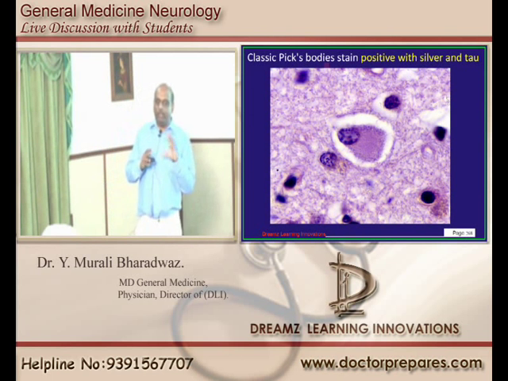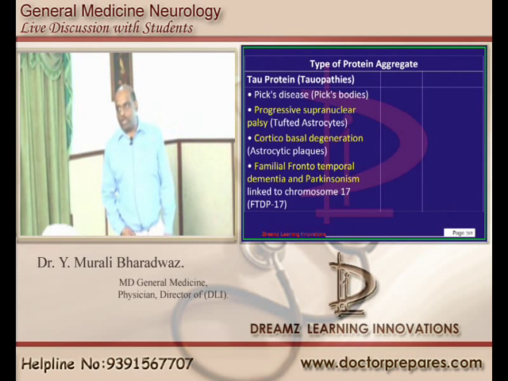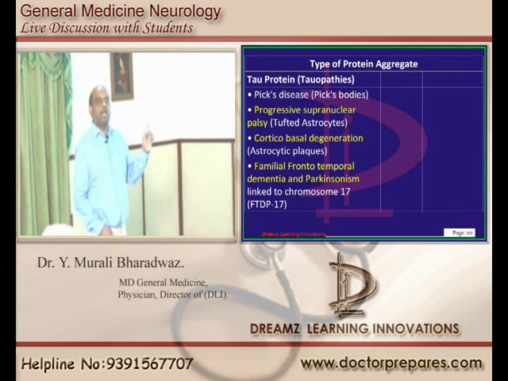So what are the different protein aggregates which can lead to degenerative brain disorders? Let's talk about it. Tau protein problems are tauopathies. Pick's disease, supranuclear palsy, CBD, frontotemporal dementia, FTD, they are all fundamentally tauopathies.